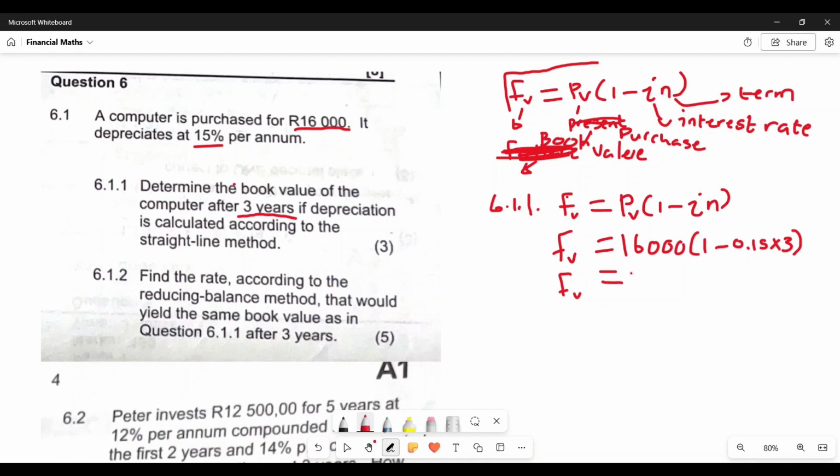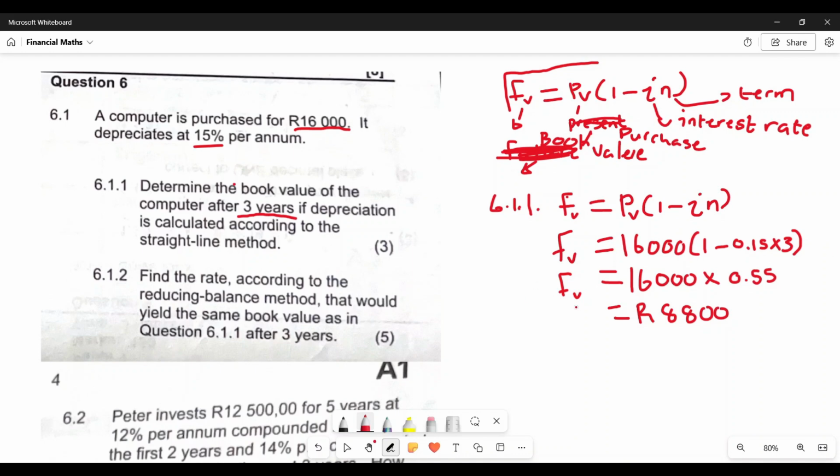So in this case, we'll have 16,000 multiplied by 0.55. If you plug into your calculator, I believe this will give us 8,800. Yes, 8,800 actually. That is the answer.